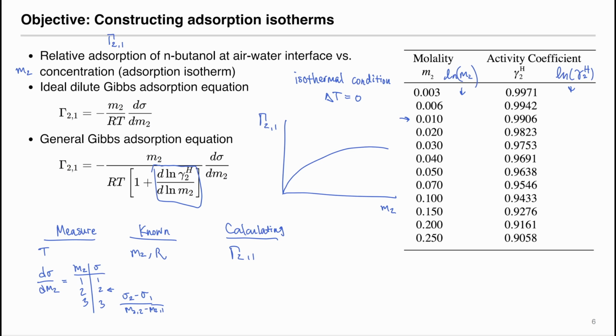But we are actually taking the natural log, so these 4 data points, say A, B, C, D. We're taking the derivative, then it is D minus B divided by C minus A. So we're finding the slope. That is the slope at this point, M2 0.01.